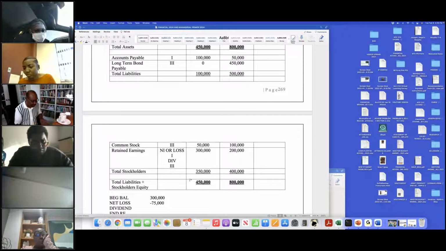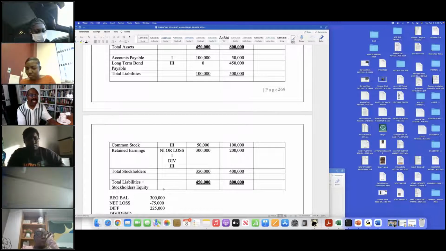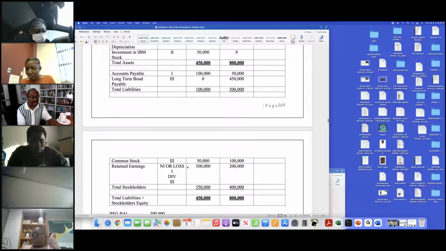And so that difference means that retained earnings is 225,000 after we take into account that there was a loss. The ending retained earnings we said was 200,000.